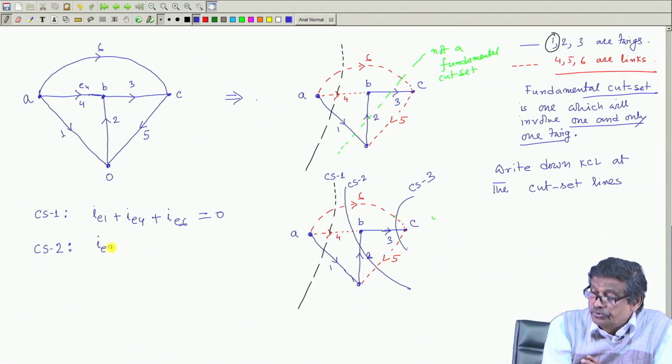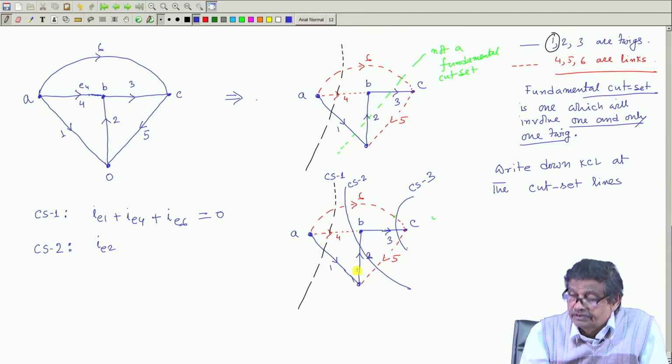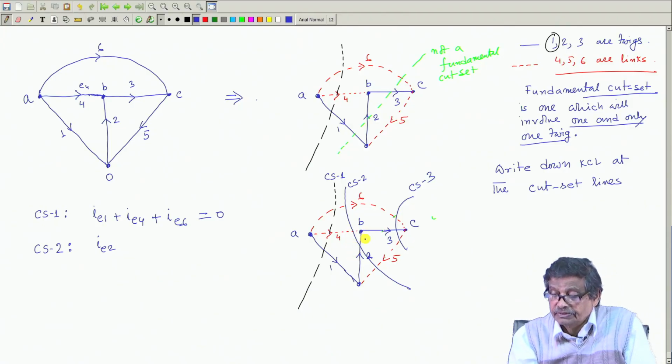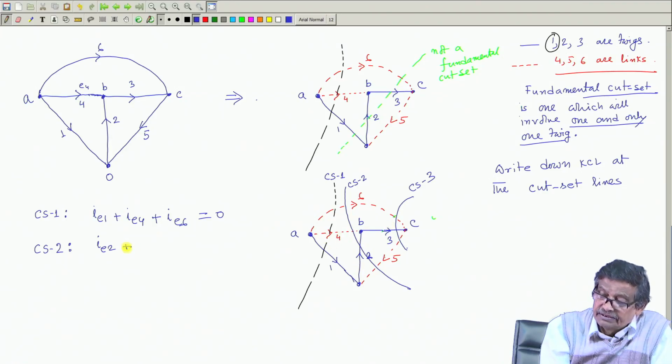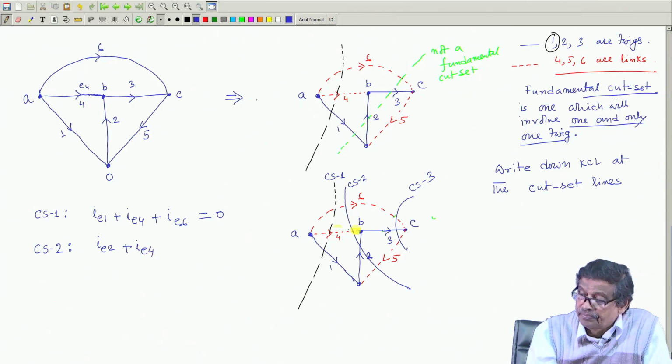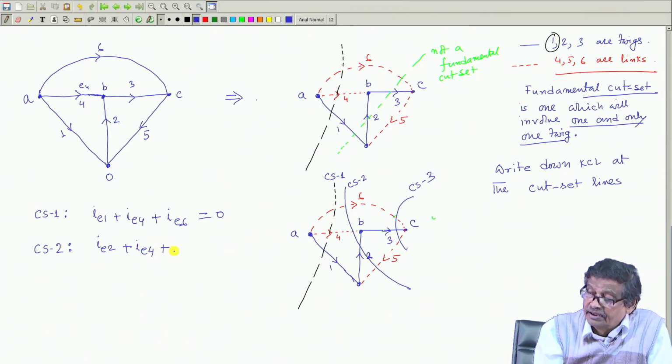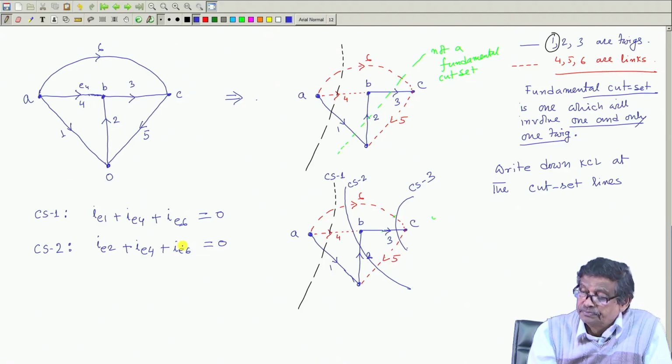So, IE2 you first write, IE2, that is flowing from this side to this side. Similarly, IE4 is in the same way, it is crossing cut set 2, and similarly IE6, and this must be equal to 0.